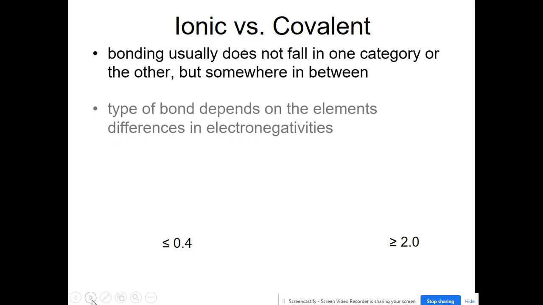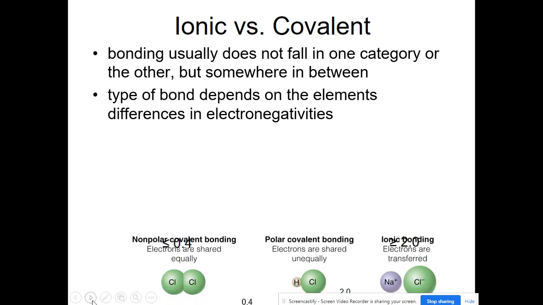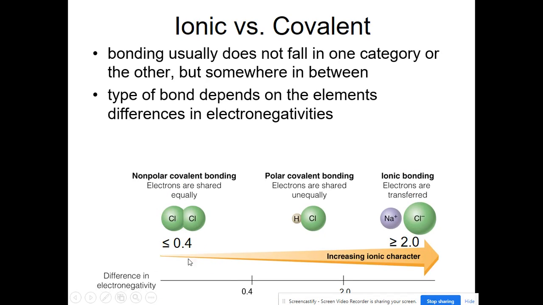So, what we also see is that a lot of times it's not going to be very black and white. We're not going to have just ionic or just covalent. Sometimes it's going to be kind of in between. So, we're going to be looking at electronegativity and the difference in electronegativity. If the electronegativity difference is less than or equal to 0.4, we have what we call nonpolar covalent bonding, where electrons are being shared equally between the two atoms.